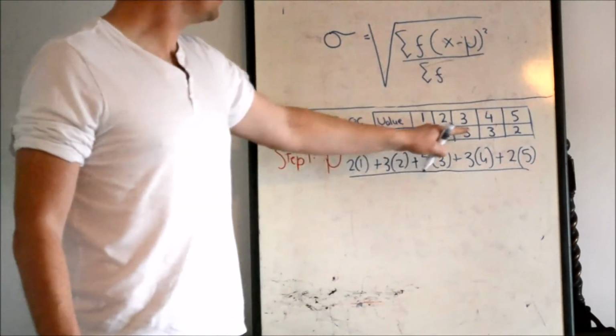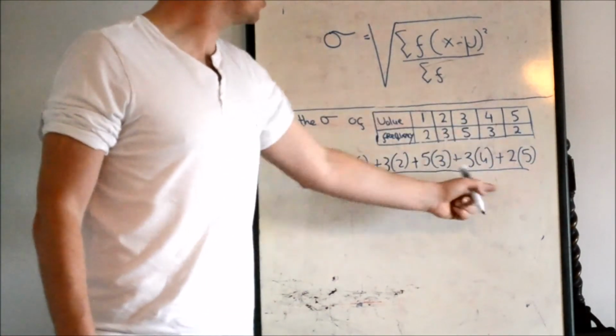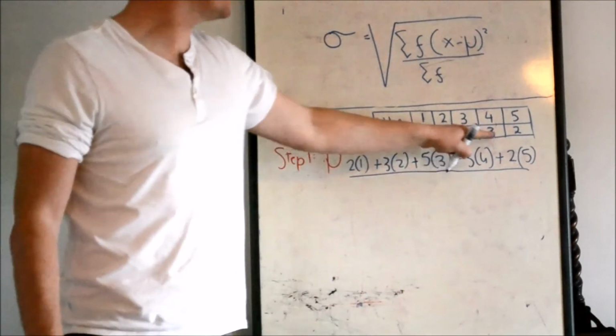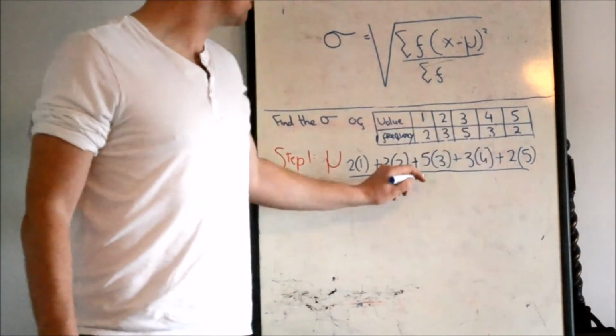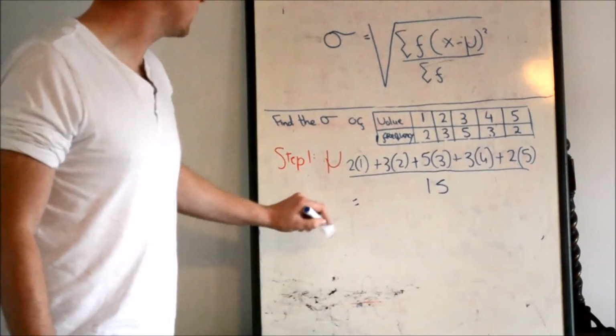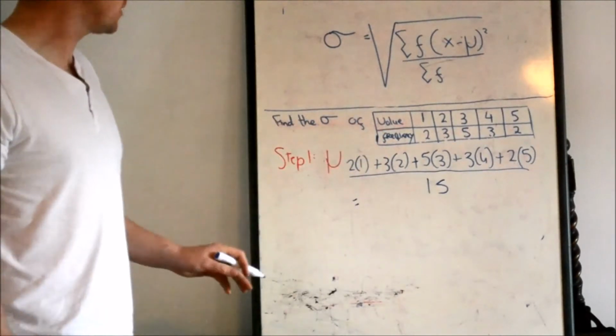2, 3, 5, 3 and 2. I could write them all out, but let's just save space here. So 2 and 3 is 5 and 5 is 10 and 3 is 13 and 2 is 15. And if we work that out, I'll do it here and then I'll rub it off to save space.